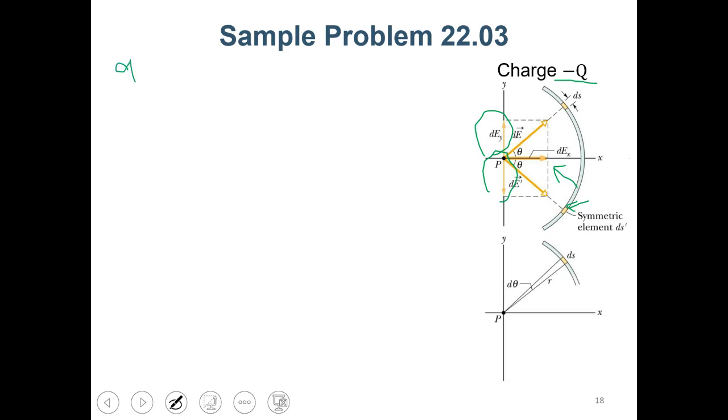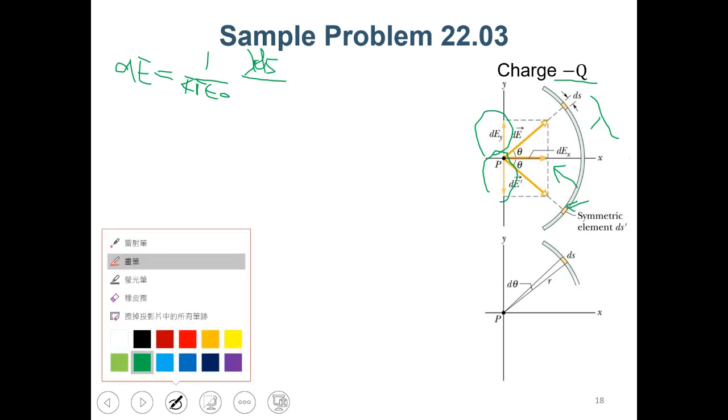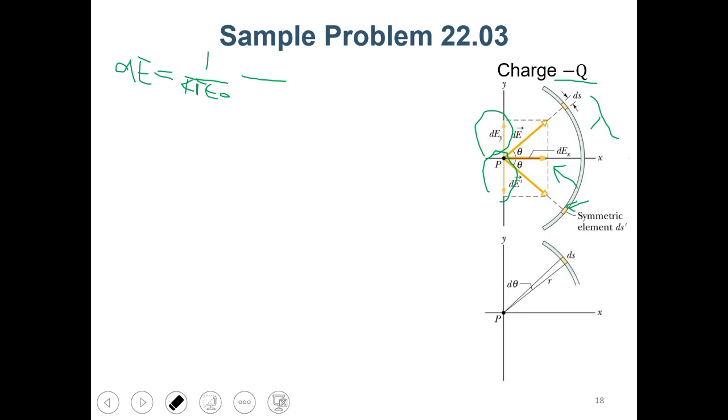So actually, dE would be something like 1 over 4 pi epsilon 0 times lambda ds, where lambda is the density, and the distance is r, so r squared in the denominator.